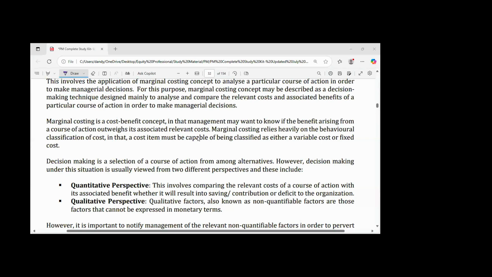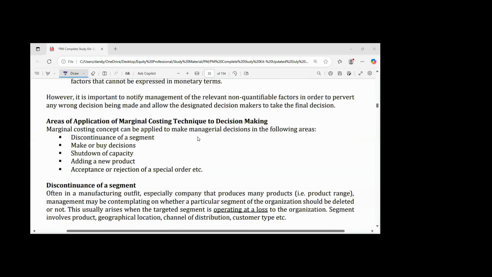Then, what are the areas of application of the marginal costing technique? At least I can count about 9 areas in which marginal costing technique can be applied to decision making. One, deleting of a segment. Two, make or buy decision. Three, acceptance or rejection of a special order. Four, shutdown of capacity.